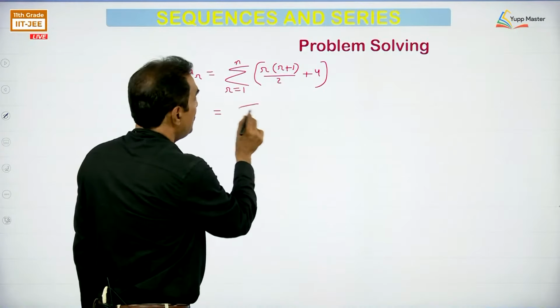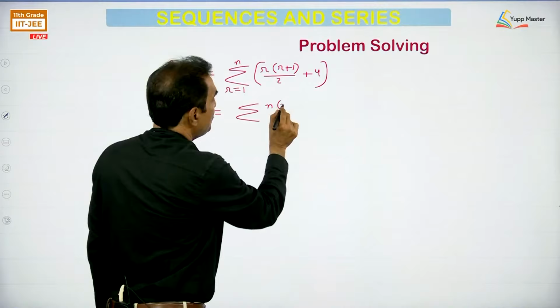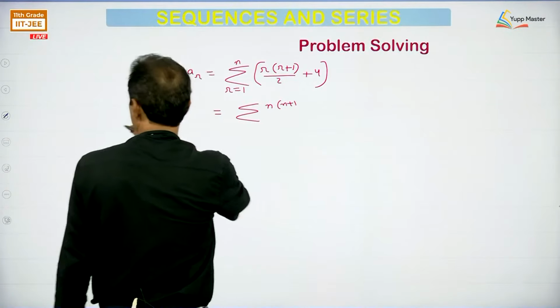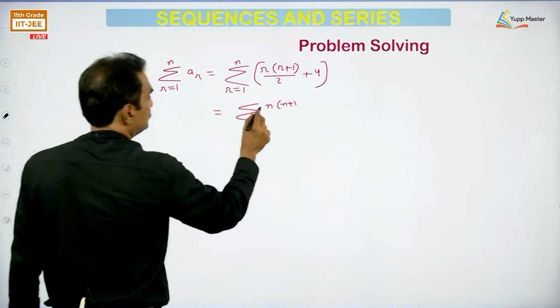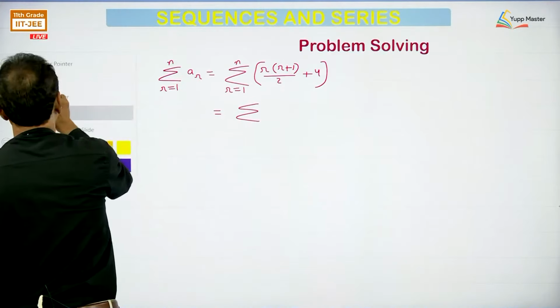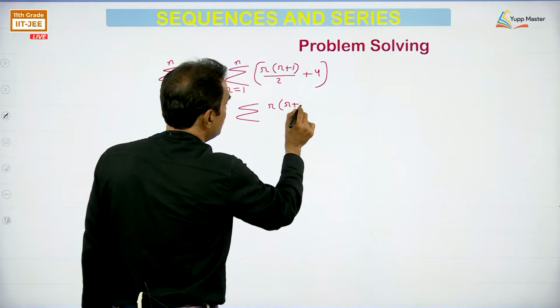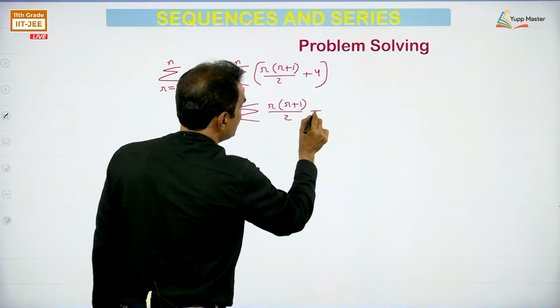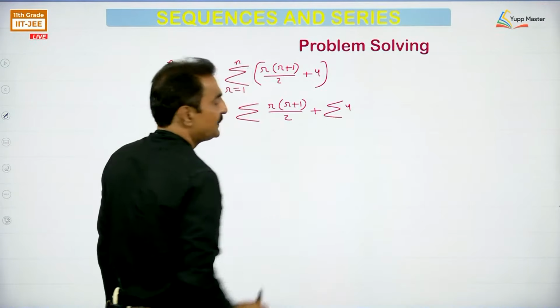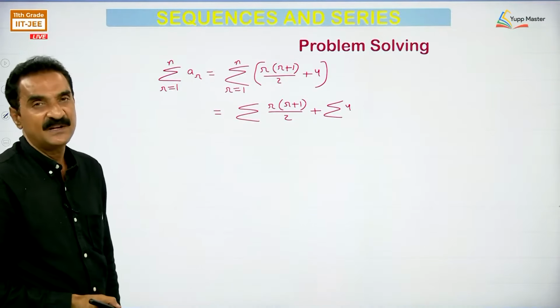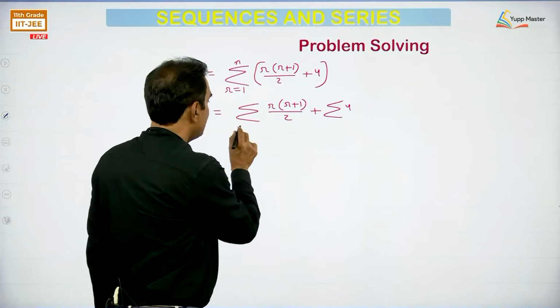It is sigma r into r plus 1 by 2 plus sigma 4. In each sigma, r varies from 1 to n.